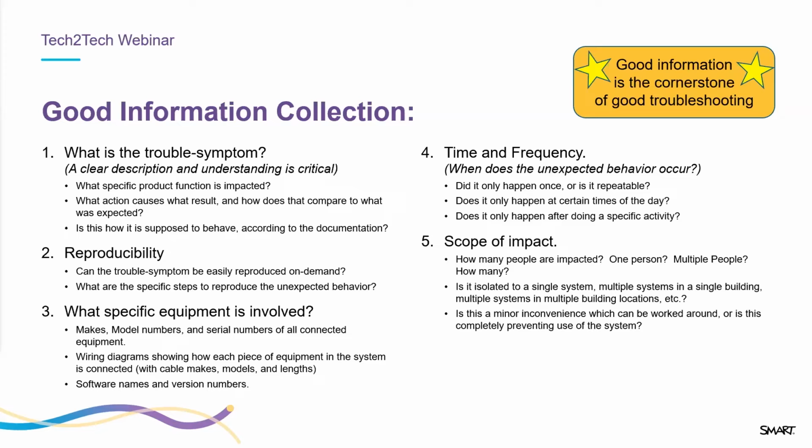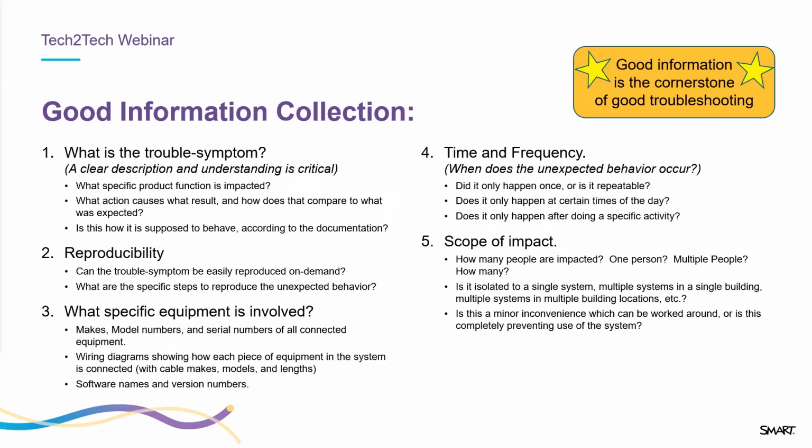Also, what action causes what specific result, and how does that compare to what was expected? It's not generally good enough to know what action causes results without understanding how that compares to what the user actually expected. Sometimes what we think is a trouble symptom, what we think is a problem, might actually be the way the product was designed to behave.